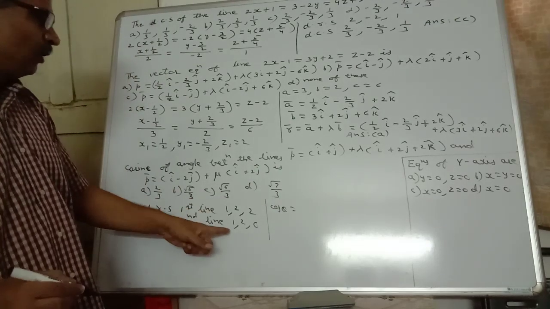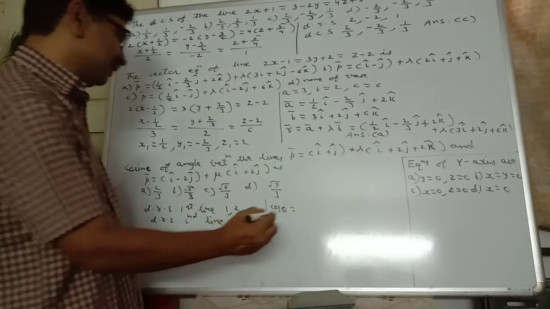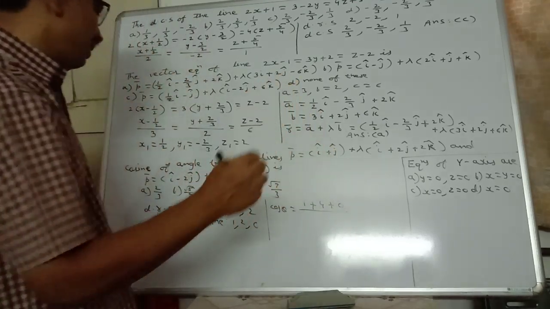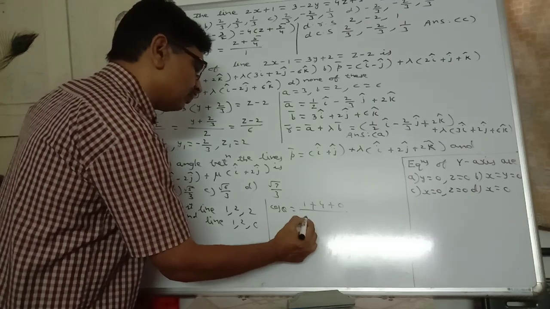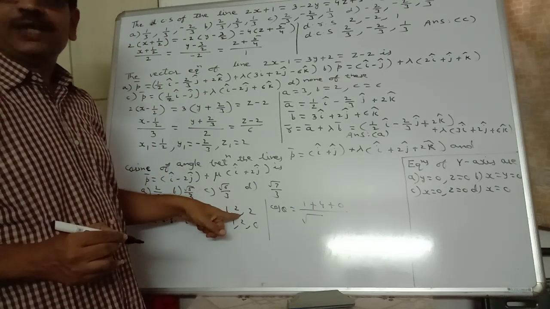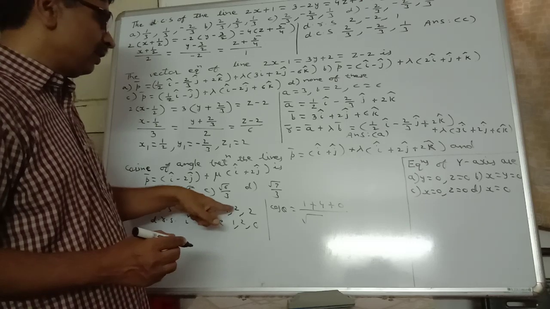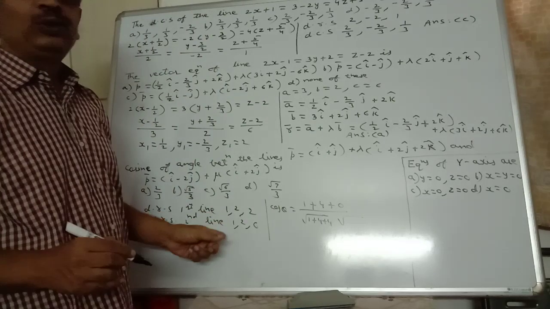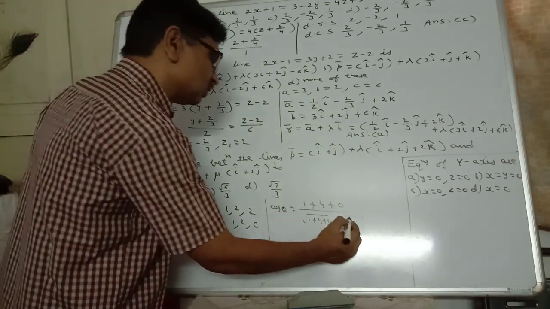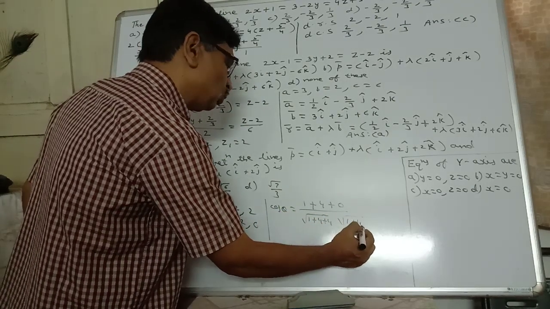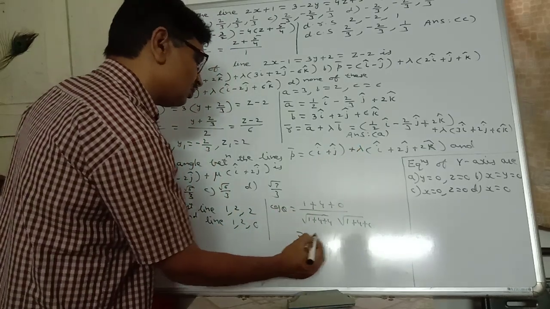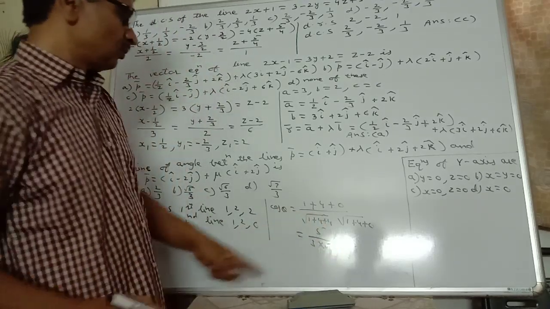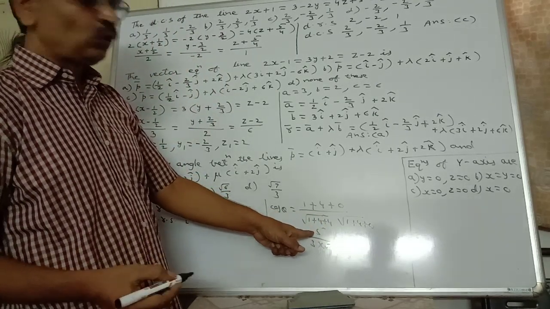Cos theta equals (a1 a2 plus b1 b2 plus c1 c2), that is 1 plus 4 plus 0, divided by under root a1 square plus b1 square plus c1 square, that is 1 plus 4 plus 4, into under root a2 square plus b2 square plus c2 square, that is 1 square plus 2 square plus 0 square. 5 by 9, perfect square 3, root 5. 5 can be written as root 5 into root 5.